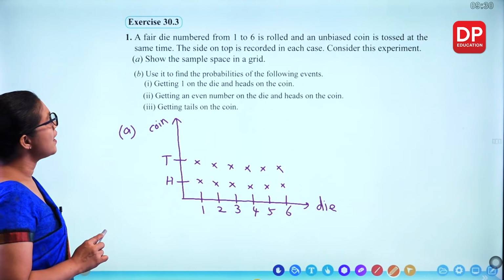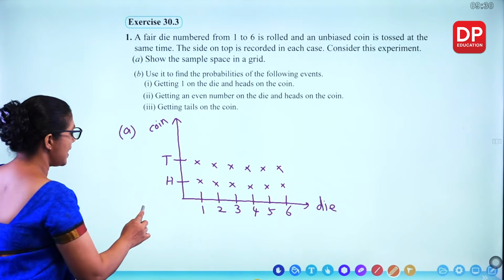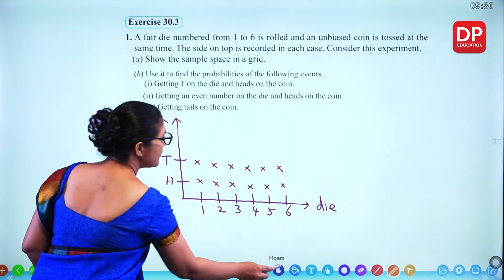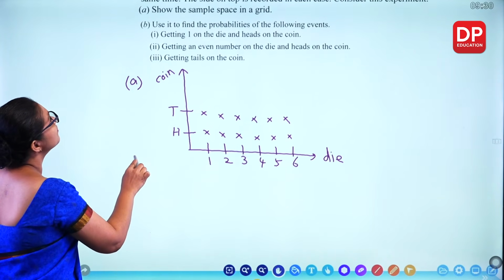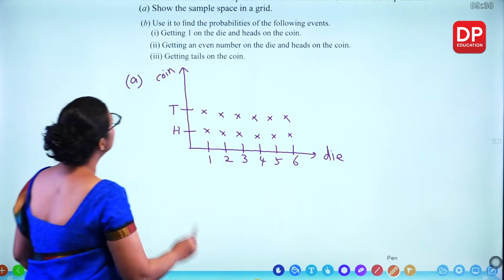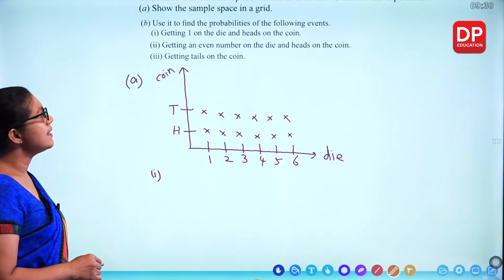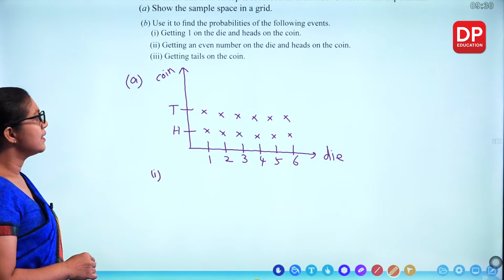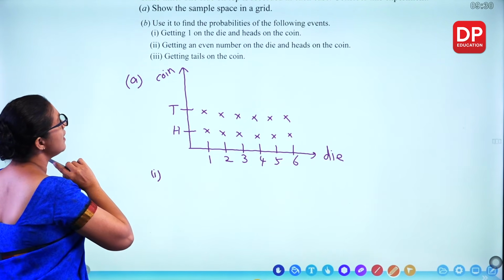Use it to find the probabilities of the following events. First one, it says getting 1 on the die and heads on the coin.